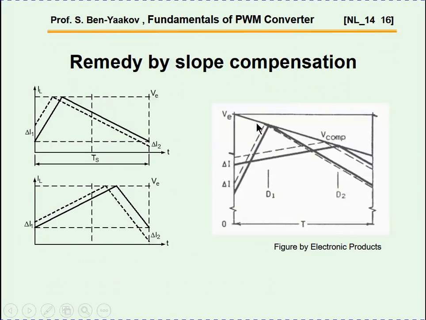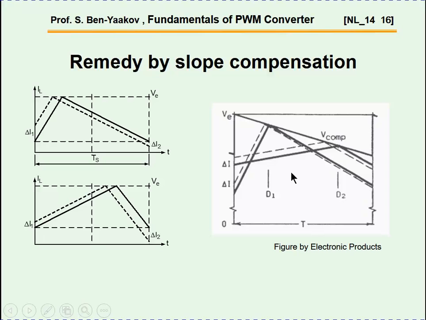So what can we do in order to arrest these oscillations and stabilize the system? Well, what you have to do is to change this reference level by adding a slope to it. This is called the slope compensation. That is, rather than having this V sub E constant, you add to it a ramp, a downgoing ramp, like this.